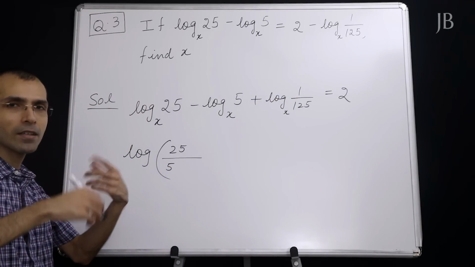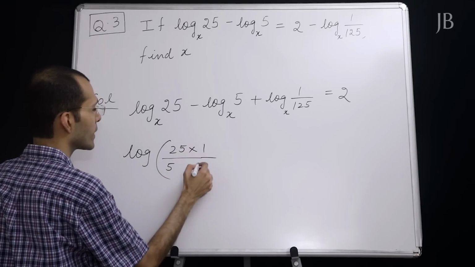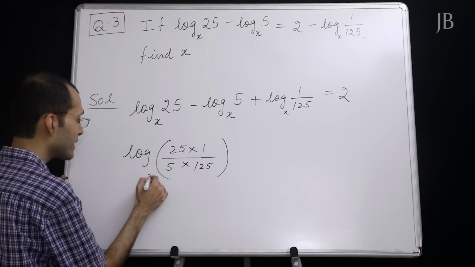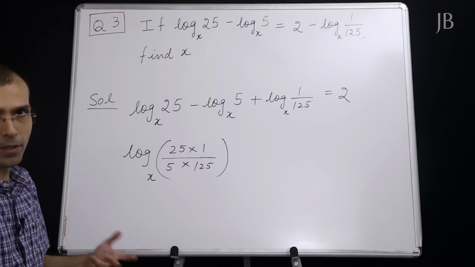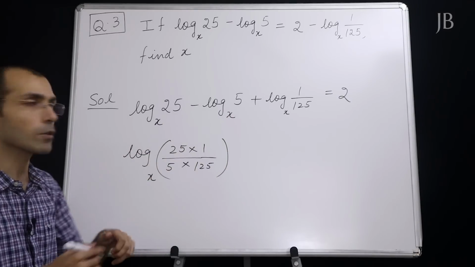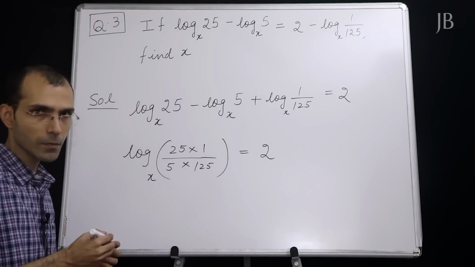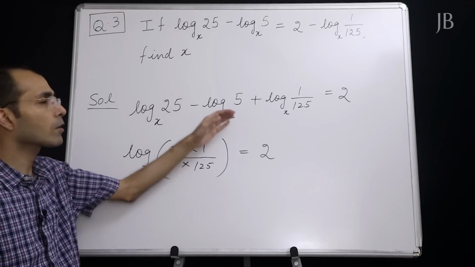So plus will get converted into multiplication, into 1 upon 125 to the base x. That's important. If you do not write the base, it will be taken as 10 and things go haywire then. Here the base is x throughout, equaling 2. So this is like log a minus log b plus log c.